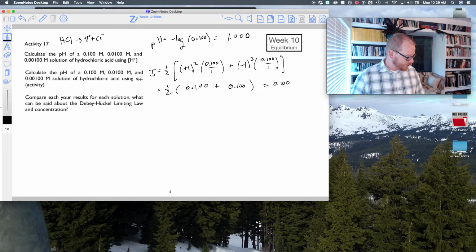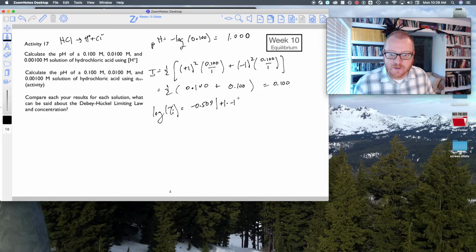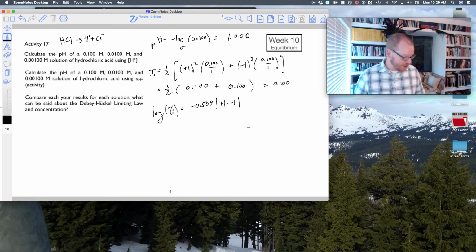So now what we have to do is calculate the actual activity coefficient. Okay, so that goes as the following. Log of gamma equals -0.509. And of course, this is now the absolute value of 0.1, the absolute value of +1 times -1, which once again, you can see that that's not going to change this result.